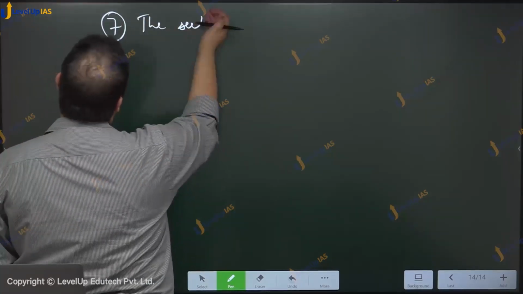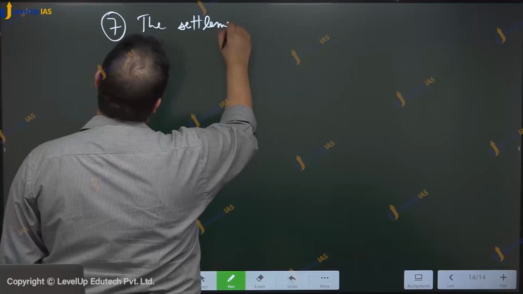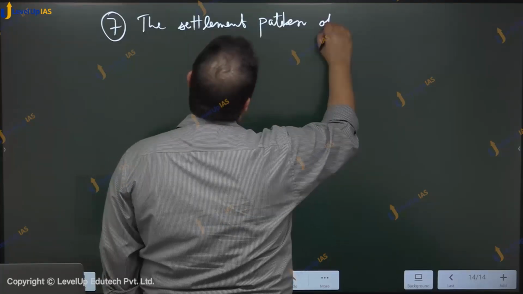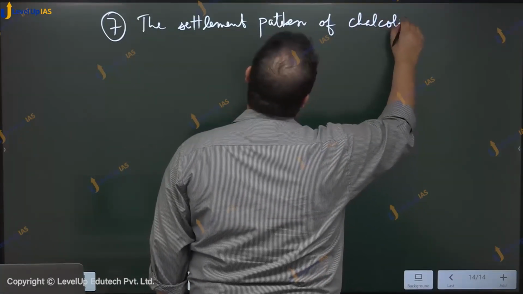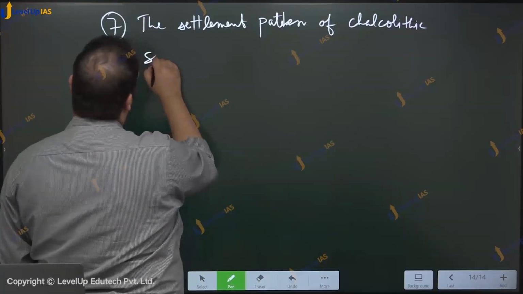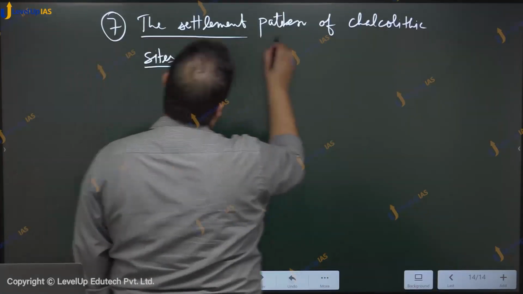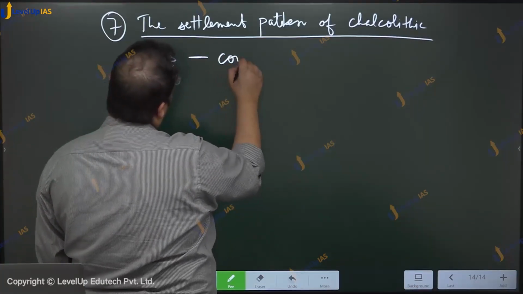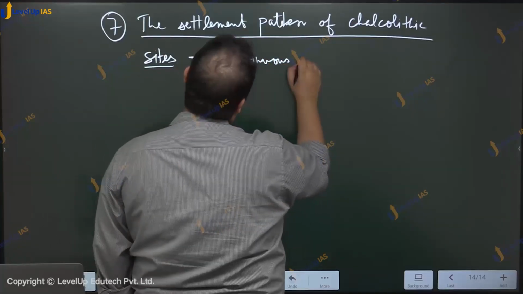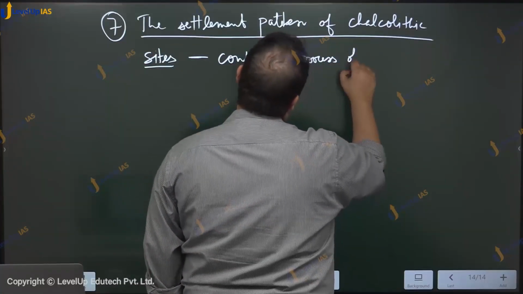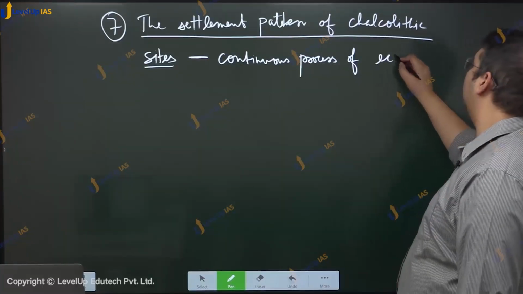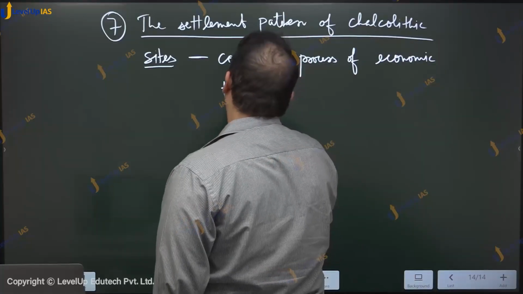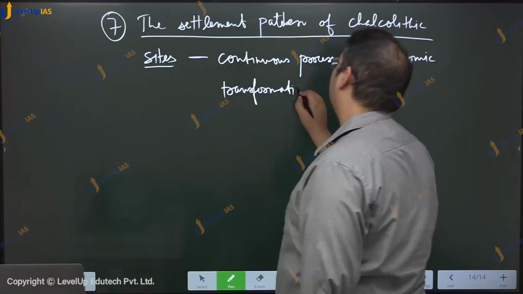The settlement pattern of Chalcolithic sites suggests a continuous process of economic change or economic transformation.